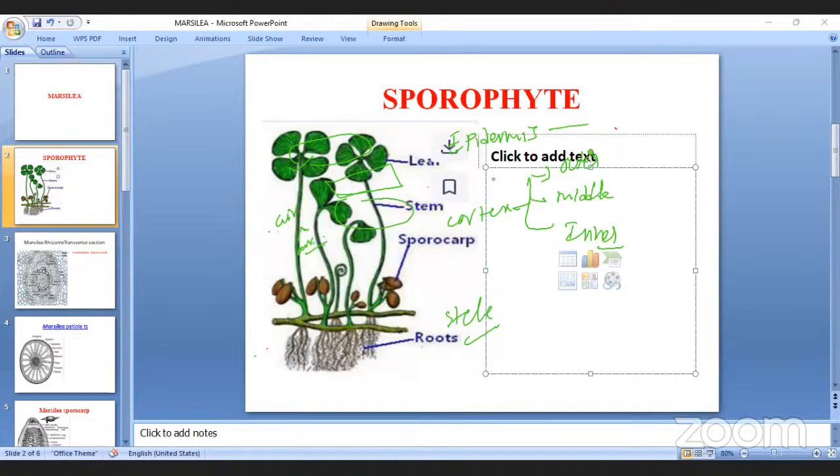So these are all parenchyma cells filled with air, so aerenchyma. Inner solid tissue, several layers thick, parenchymatous, containing starch and tannin filled cells. So this is parenchymatous.